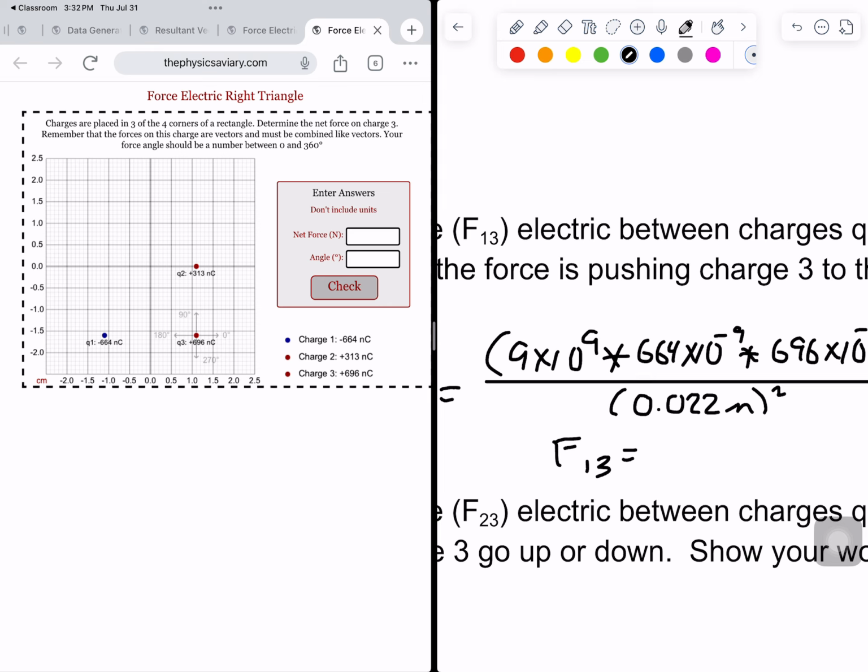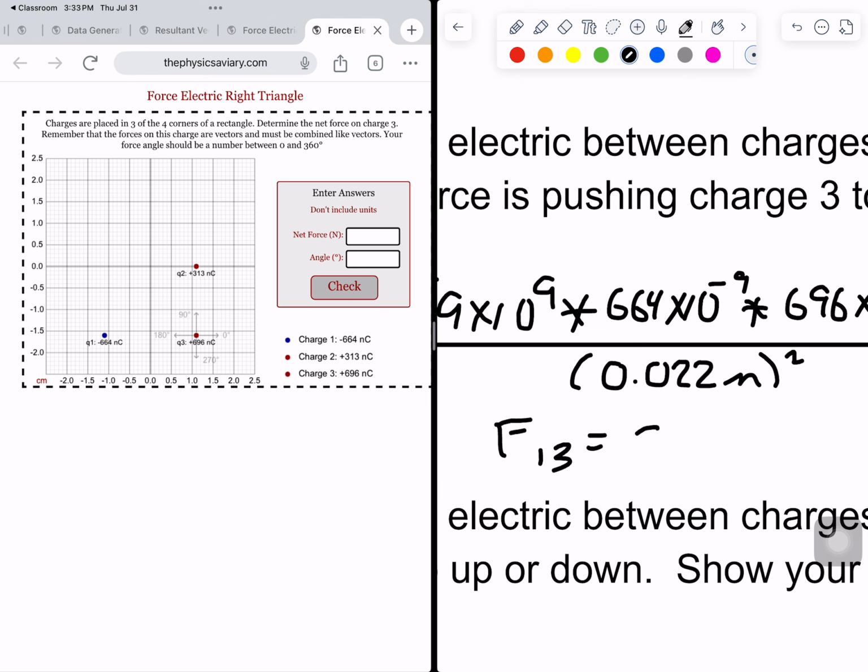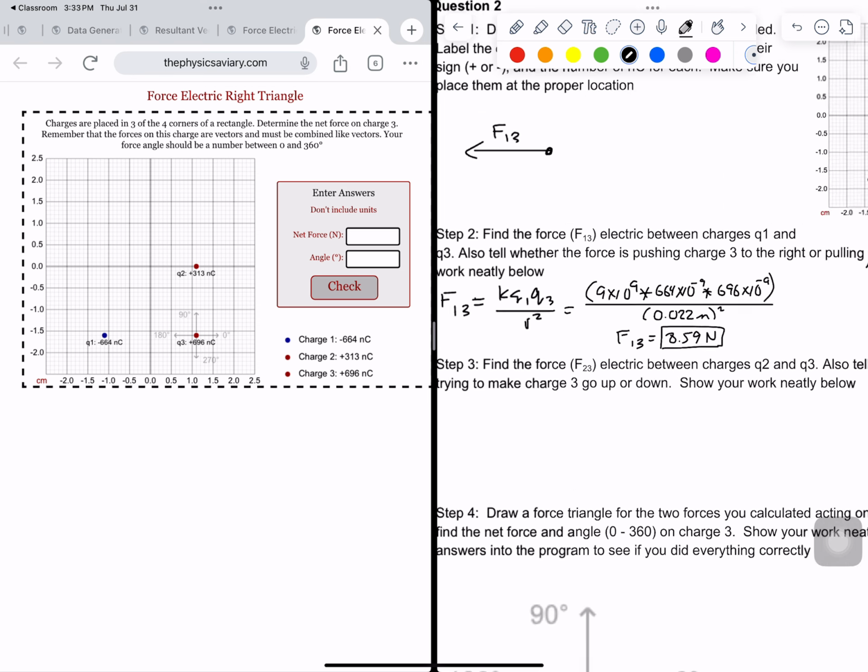So we're going to go 9 times 10 to the 9 times 664 e negative 9 times 696 e negative 9 divided by 0.022 quantity squared. Okay, so I'm getting about 8.59 newtons of force for F13.